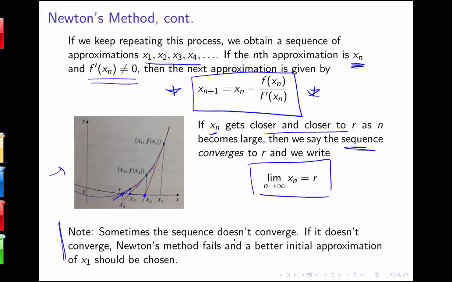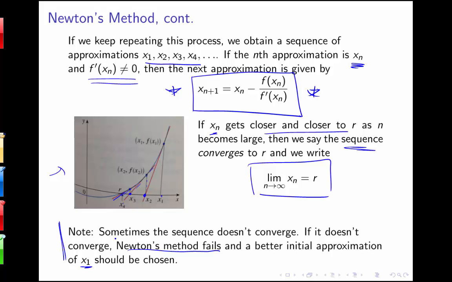So if you're working on an example and you've picked a particular initial value for x1 and you're using this process and you're not getting closer to some value, then it's possible that Newton's method is going to fail and you'll need to go back and pick a different initial approximation to use.